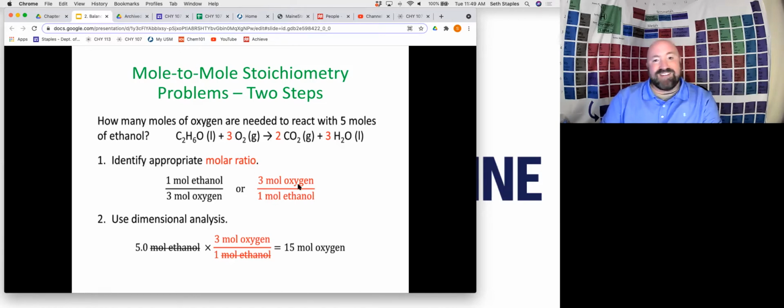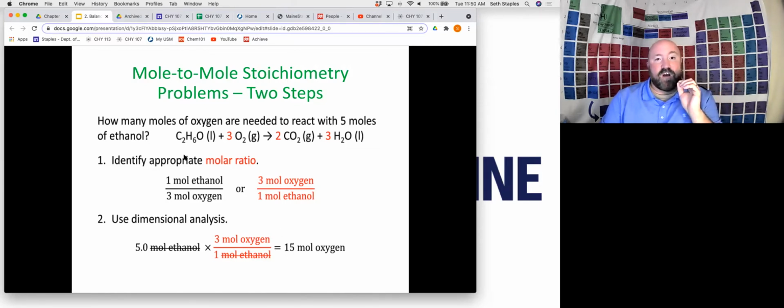And so we would use this conversion factor however we needed to in our given reaction or whatever we were looking for. So in this example here, we're told that we have 5 moles of ethanol. So we want to set up our conversion factor the second way so that moles of ethanol cancel out. And we can see, in fact, that we're left with 3 times 5 for 15 moles of oxygen.